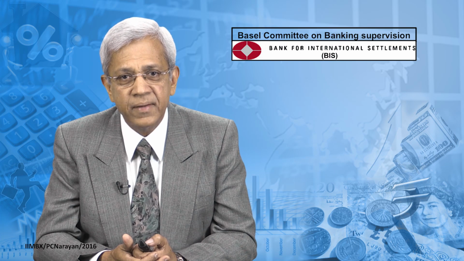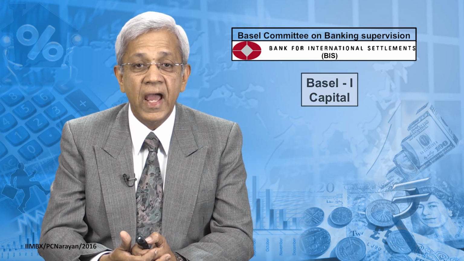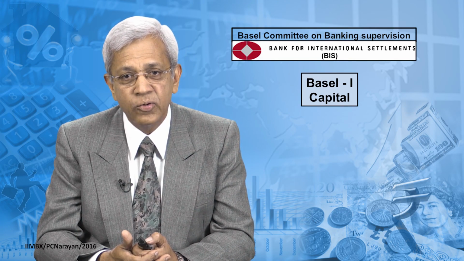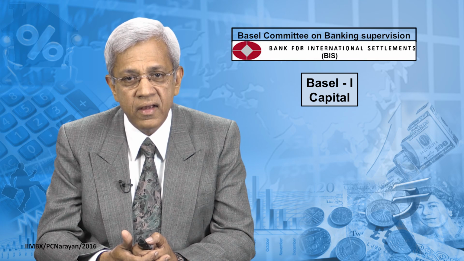This capital adequacy ratio has been implemented globally starting in the mid-1990s based on the guidelines issued by the Basel Committee on Banking Supervision, which was set up by the Bank for International Settlements, hence commonly referred to as Basel I capital.